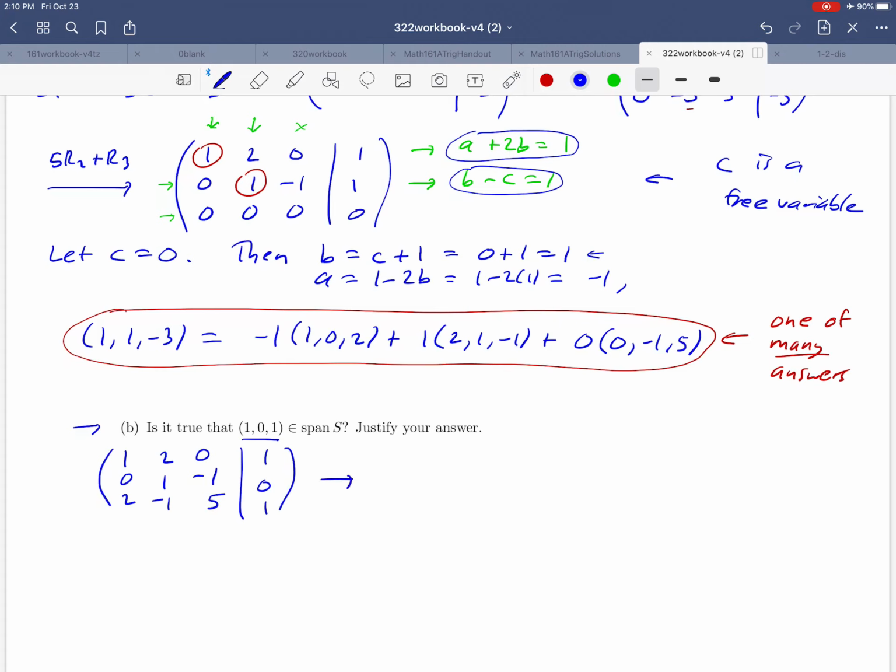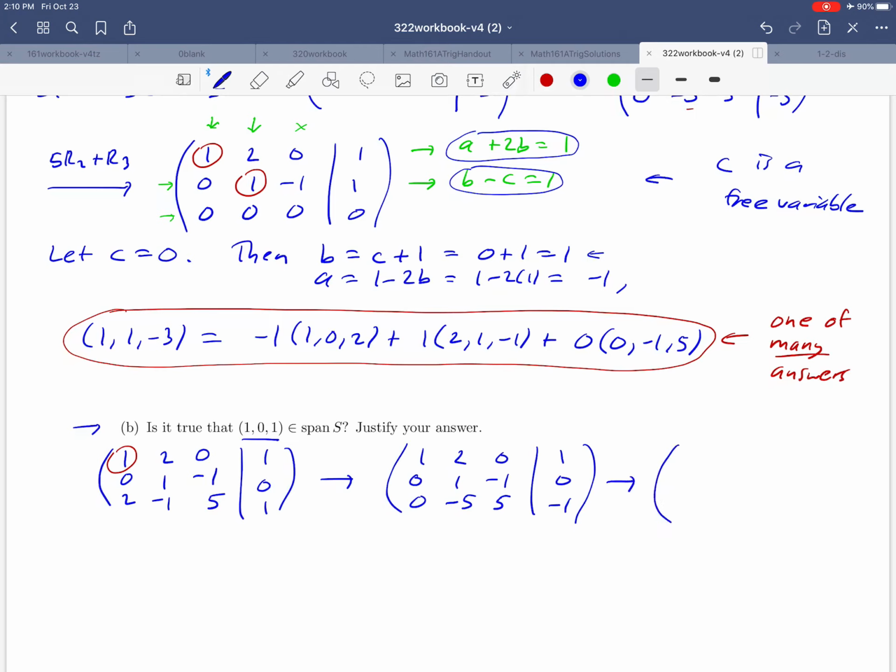I'm going to ask you to double check my row operations here because they're really analogous to what we just did. We would start by recopying the first two rows and then taking negative 2 times R1 plus R3. That gives us 0, negative 5, 5. This time we'll get a negative 1 on the right.